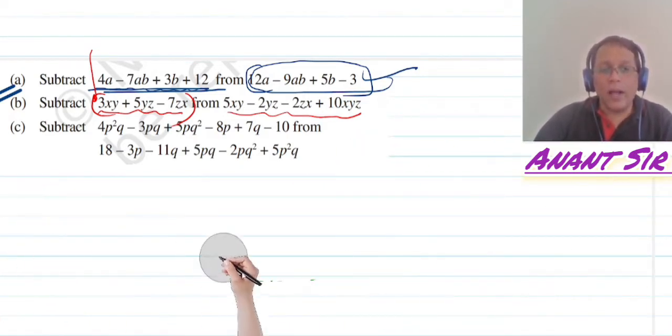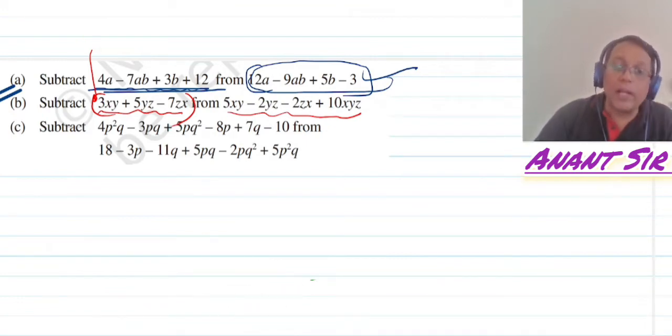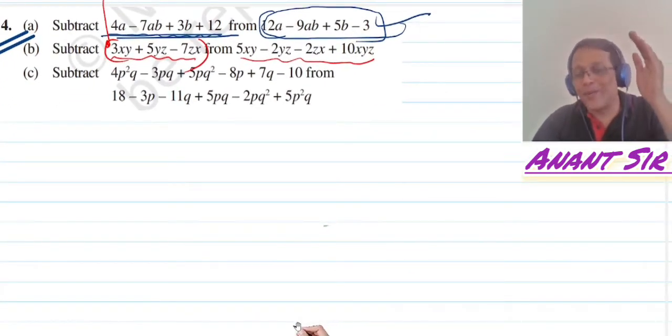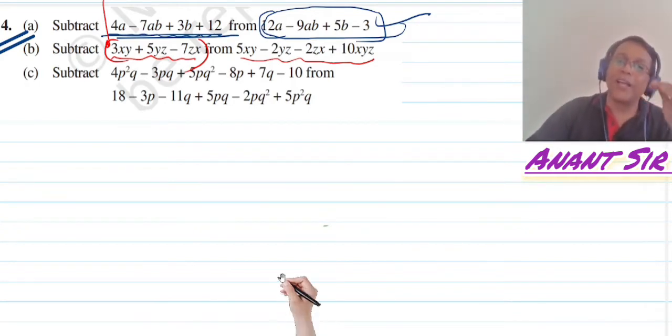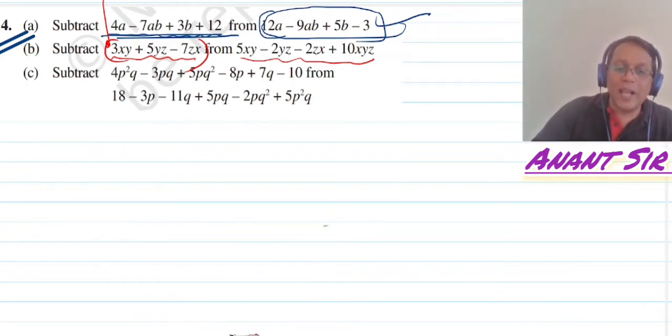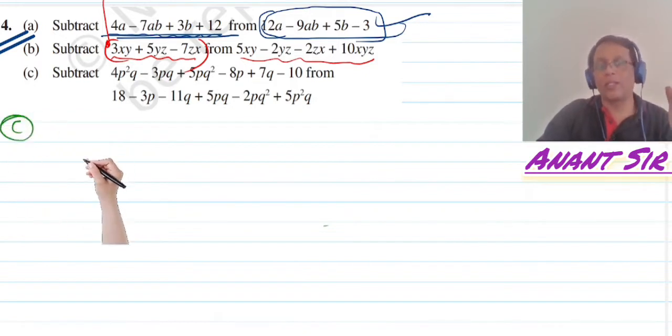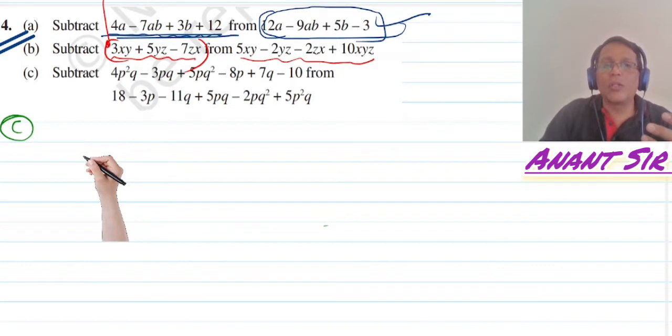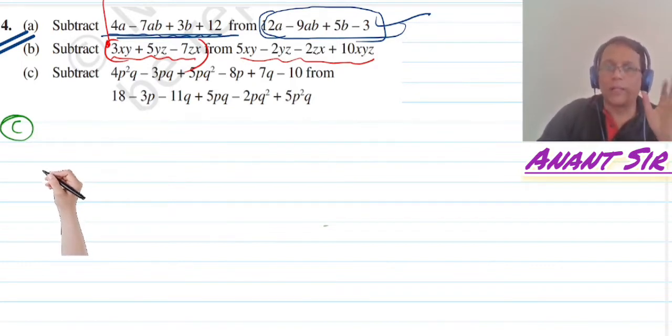So we can solve this question by vertical method also. In the first 2 questions, I have not explained the vertical method, I have explained in horizontal method. Now I am going to explain this last question to you using vertical method. If few of you want to do the same question using vertical method, you will be able to do that.